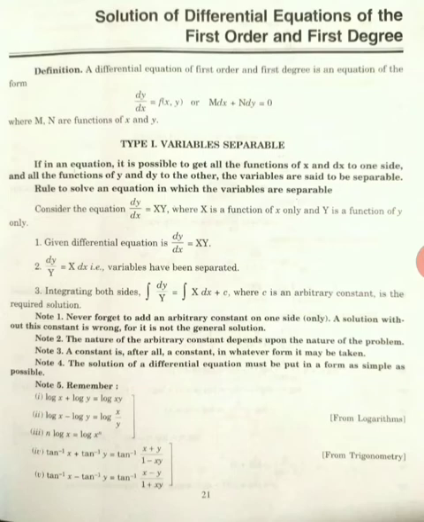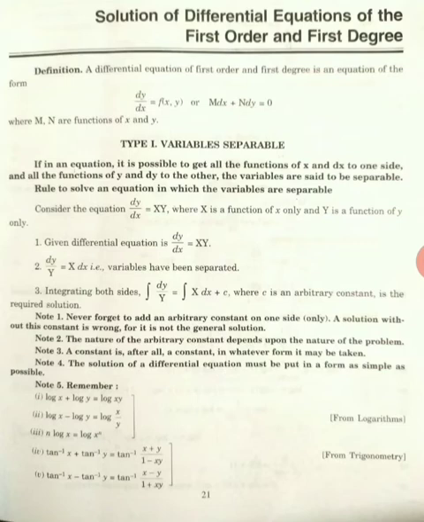Next, come to the rules to solve the differential equation of first order and first degree. Let's see. Consider the equation dy by dx equal to x y, where x is a function of x and y is a function of y. First step, given differential equation in the form of dy by dx equal to x y.